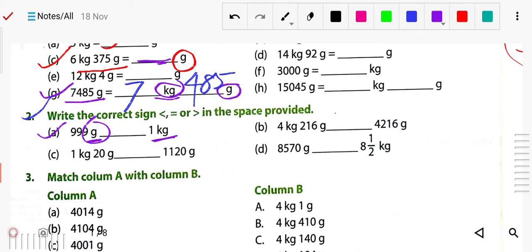Always try to change that unit in the smaller one, means among these two, gram and kg. Here is the kg and here is the gram. Among these two, which one is the lowest unit? Of course gram. So always try to convert them into the smallest one, means among kg and gram, gram is the smallest, so convert them in the gram.